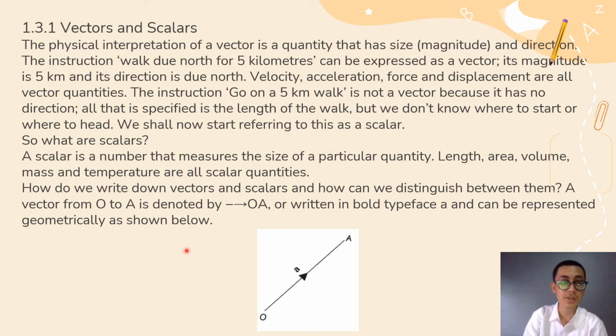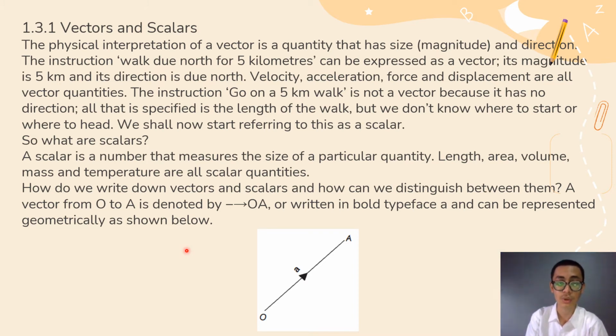1.3.1 Vectors and scalars. The physical interpretation of a vector is a quantity that has size, magnitude, and direction. The instruction walk due north for 5 kilometers can be expressed as a vector. Its magnitude is 5 km and its direction is due north. Velocity, acceleration, force, and displacement are all vector quantities.